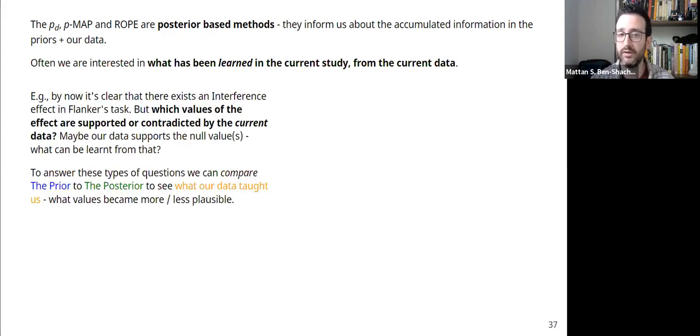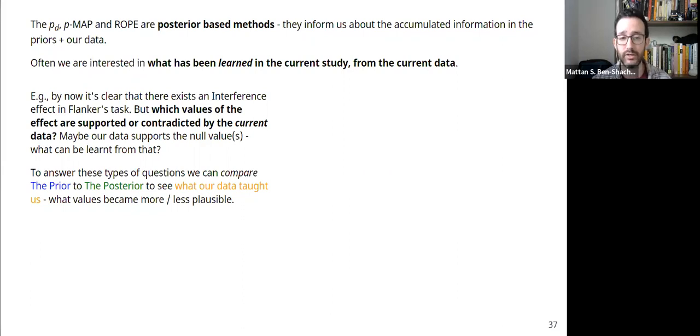For example, it's clear by now that there is an interference effect in the flankers test, but which values of this effect are supported or contradicted by our current data? What has our data added to this prior knowledge? Or maybe our data supports the null for some reason, and then what can be learned from that?